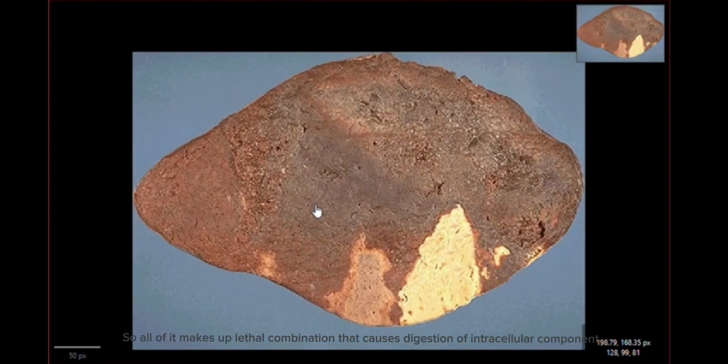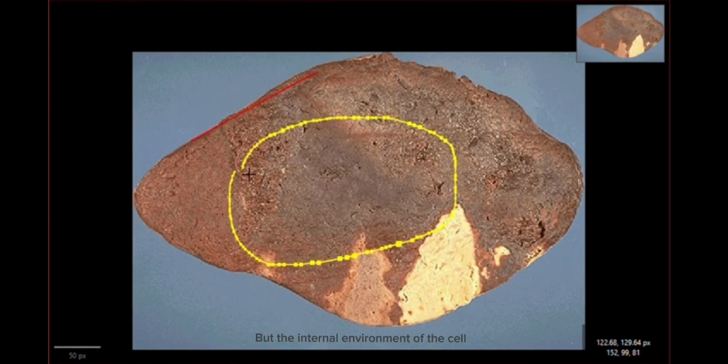All of it makes up a lethal combination that causes digestion of the intracellular component. In coagulative necrosis, the architecture of the cell remains intact, but the internal environment of the cell goes into infarction because of the loss of blood supply, or ischemia.